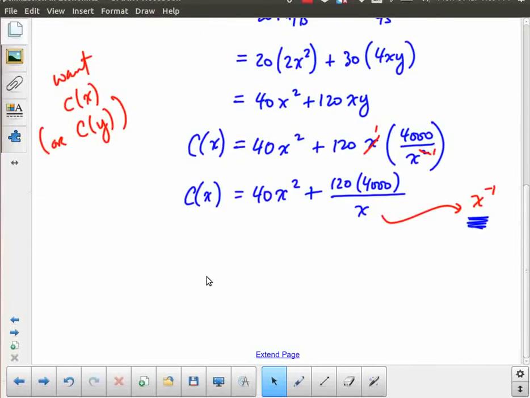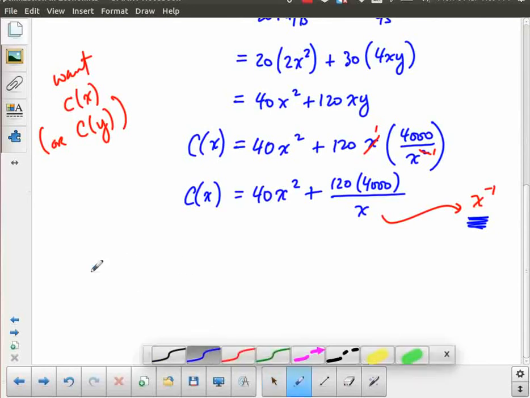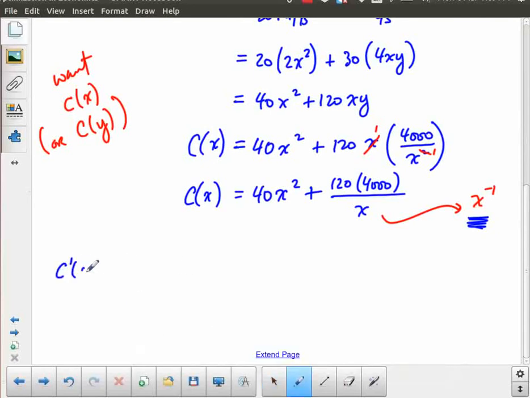So taking the derivative, C prime of x, I'm going to give myself a little bit more space over here at the side. Just using the power rule there, we end up with 80 multiplied by x, and then keeping in mind that this power of x in the denominator could also be written with a negative exponent, this works out to be negative 120 times 4,000 over x squared.